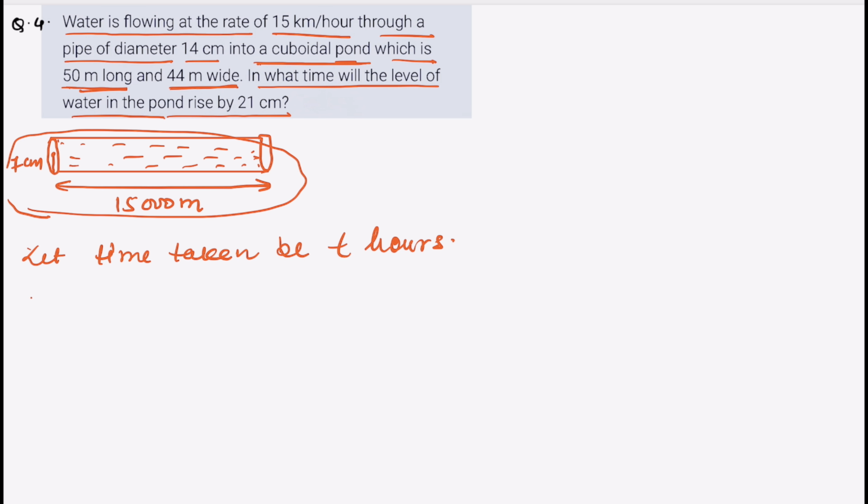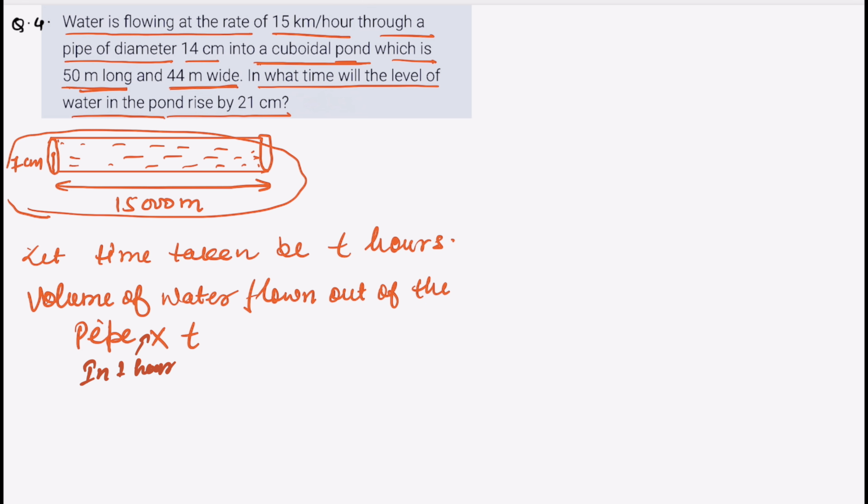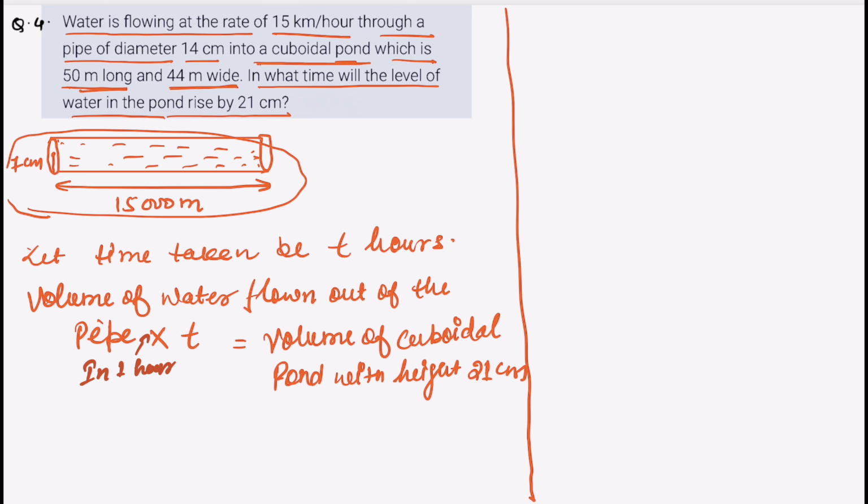So from here we will say the volume of water flown out of the pipe into t will be equal to the volume of the cuboidal pond with height 21 centimeters. Now the volume of water flown out of the pipe in time t, in 1 hour the volume will be the volume of this cylinder, that is pi r square h, into t, equals the volume of the cuboidal pond, that is lbh.